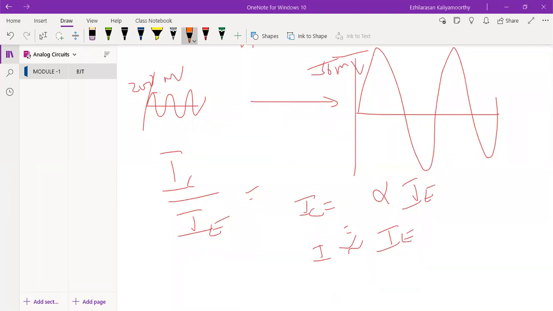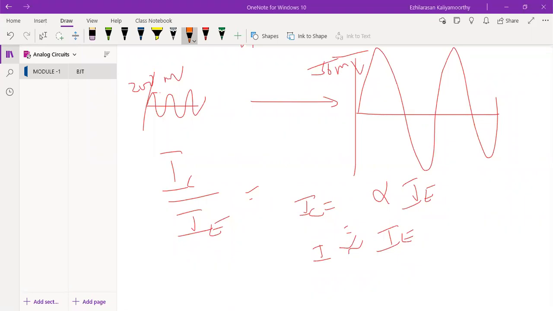So if appropriate DC voltages and currents are given to the BJT by an external source, so that the BJT operates in the active region, and the AC signals to be amplified are superimposed, then this problem can be avoided.